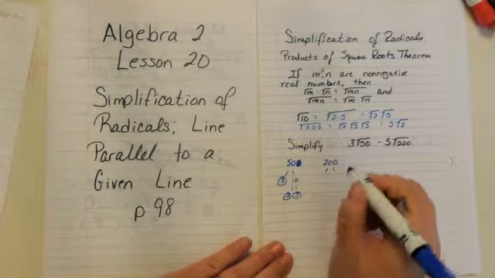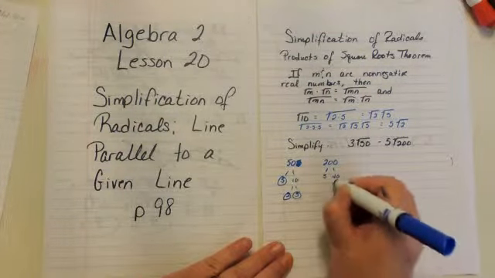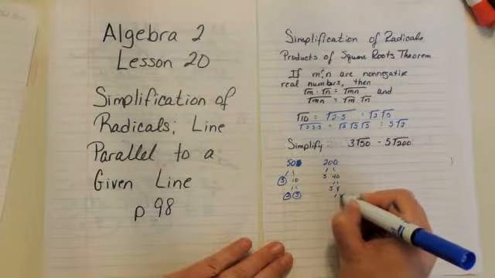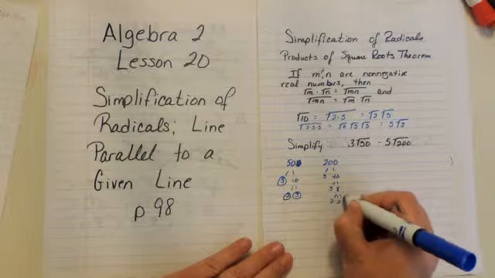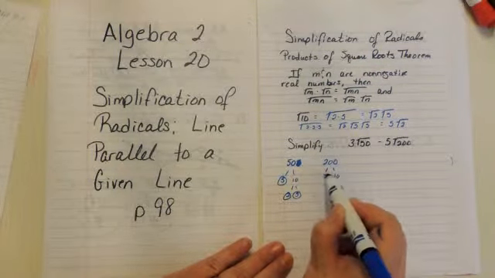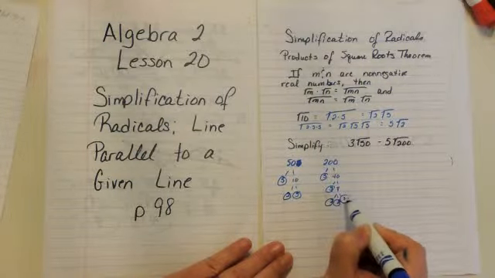Let's see, for 200 we have 5 and 40. And from 40 we've got 5 and 8. And from 8 we can do 2, 2, and 2. So the prime roots of 200 are going to be 5, 5, 2, 2, and 2.